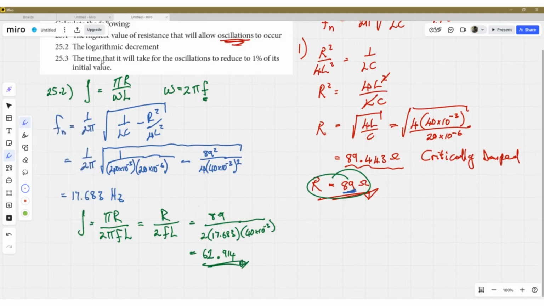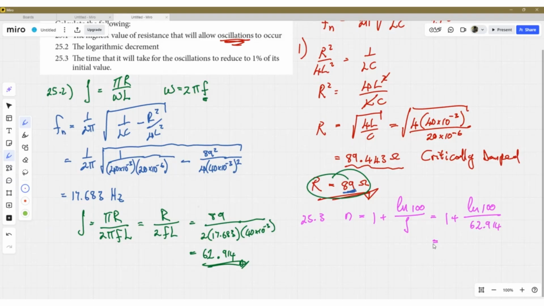The next thing we need to calculate is the time it will take for our oscillations to reduce to 1% of the initial peak value. First we need the number of oscillations, which is 1 plus ln of 100 over the logarithmic decrement we just calculated as 62.914.